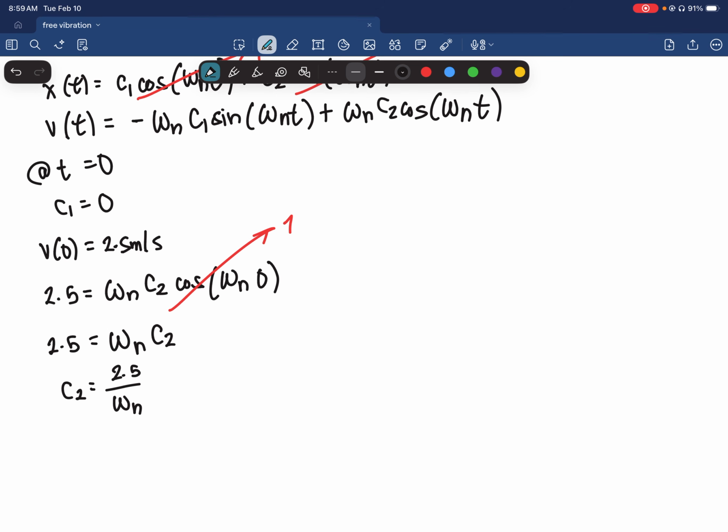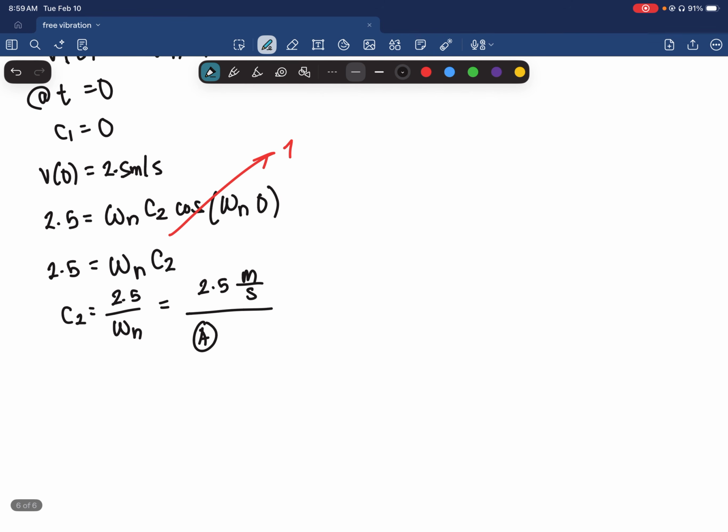Ayan ang ating omega n, restore natin siya. So, it will be 2.5, this is meters per second, all over, nasa A siya. Ayan, nakastore kay A. This is rad per second. Now, this is basically just meter times inverse second.